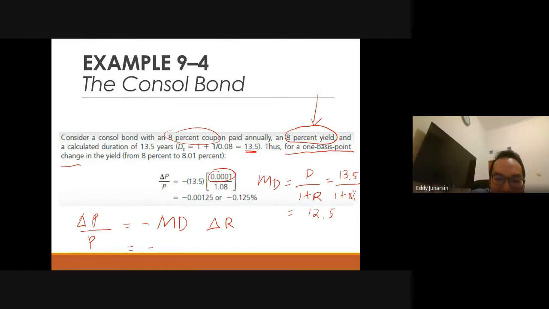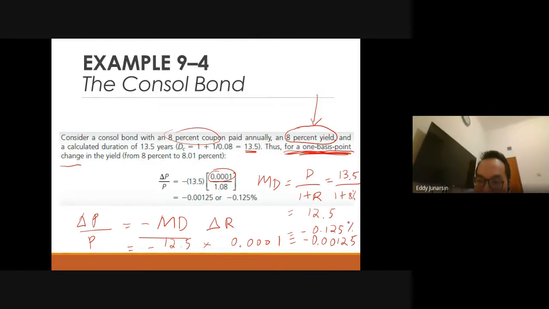So minus 12.5 multiplied by the change in interest rate, 1 basis point. So 0.0001, right? So we get minus 0.00125, or what is it? 0.125%, right?